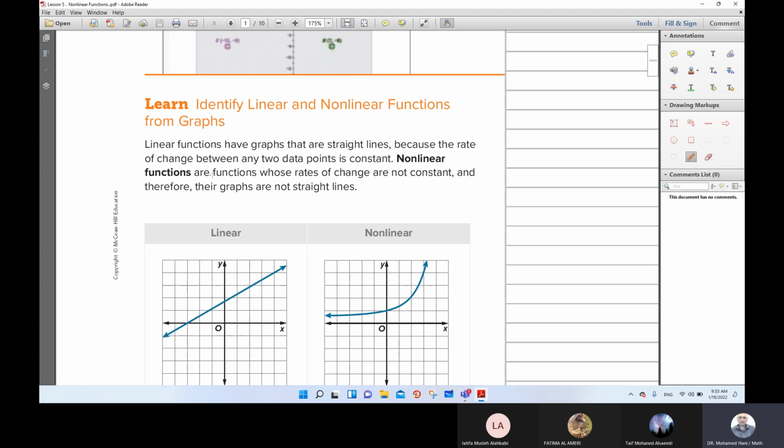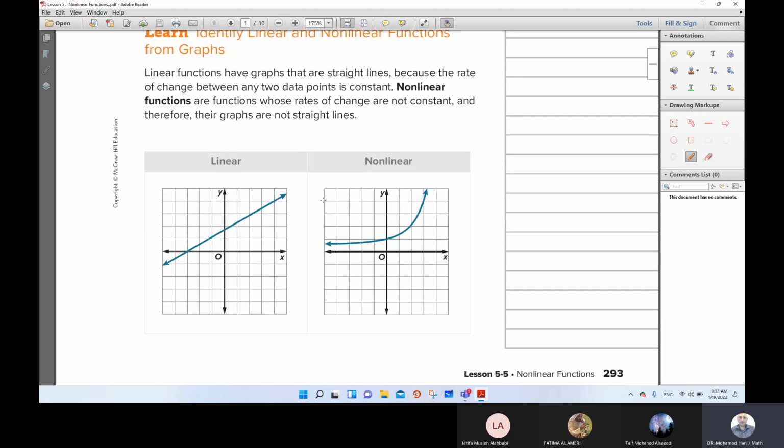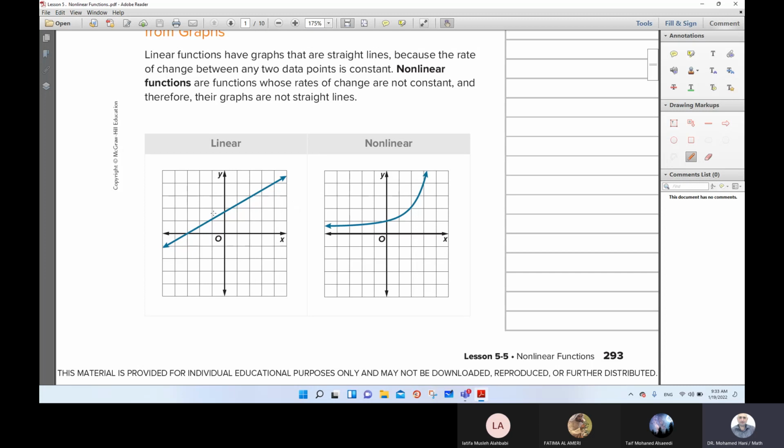Non-linear functions are functions whose rate of change is not constant, and therefore their graphs are not straight lines. For example, when you see a straight line in the graph, it means we have linear, and if you see a curve, not a line, it means we have non-linear.